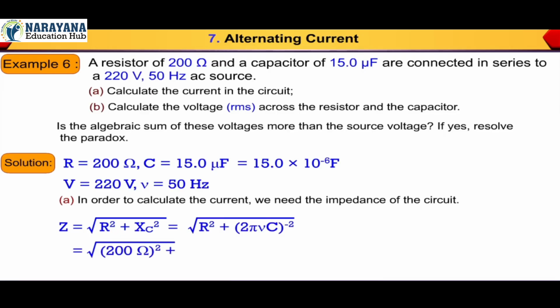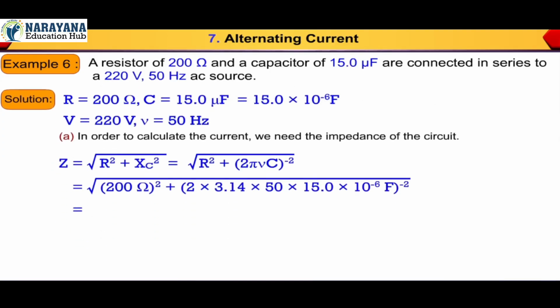That is equal to square root of (200 ohm) whole square plus (2 into 3.14 into 50 into 15.0 into 10 raised to minus 6 farad) whole raised to minus 2, which is equal to square root of (200 ohm) whole square plus (212.3 ohm) whole square, which is equal to 291.67 ohm.